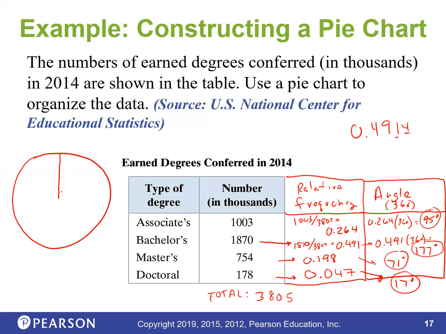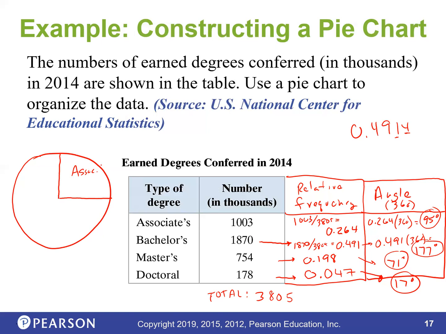So each quarter of a circle is 90 degrees. So this would be 90 degrees right here, and that's not what I want. I want just a tiny bit bigger, a tiny little bit more than a quarter right there. And I'm going to put associate degree.